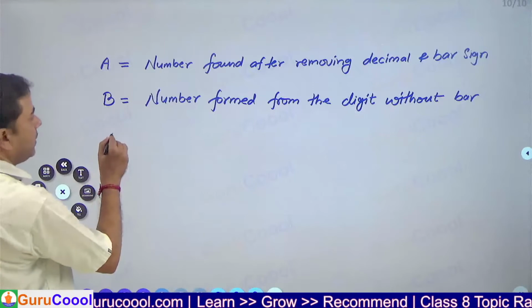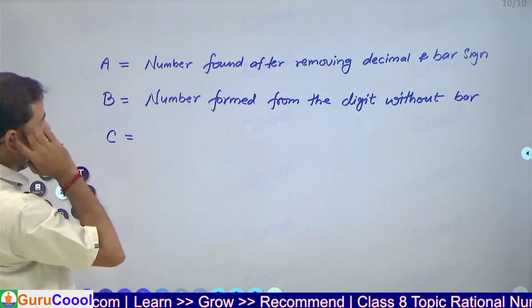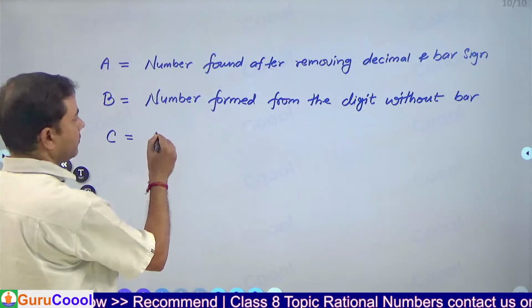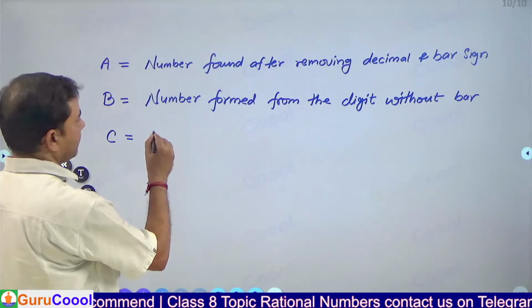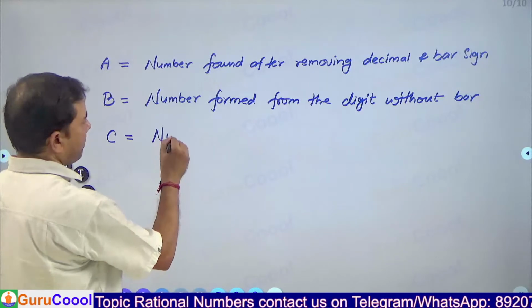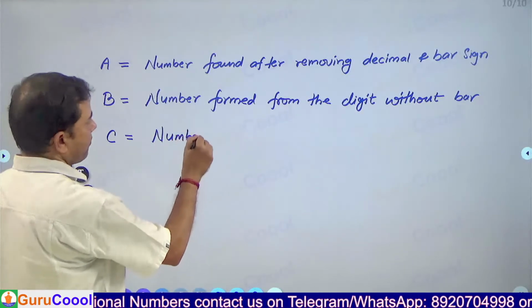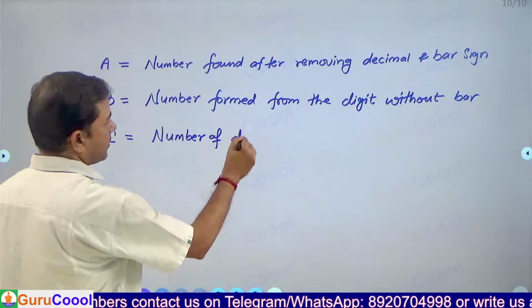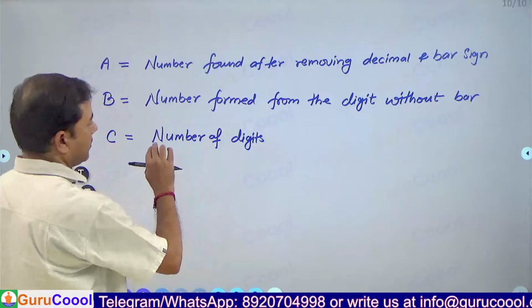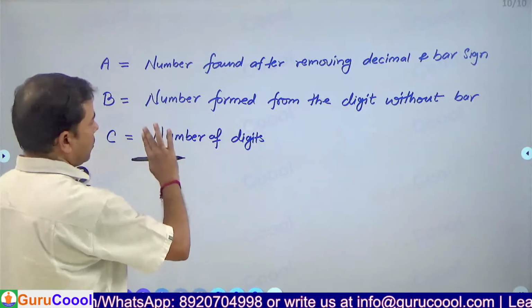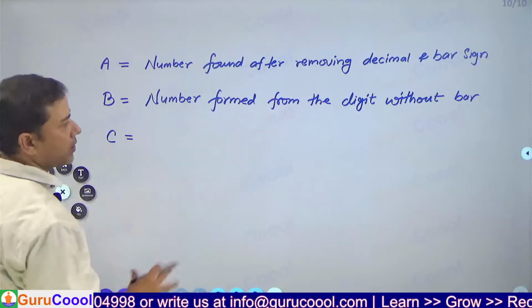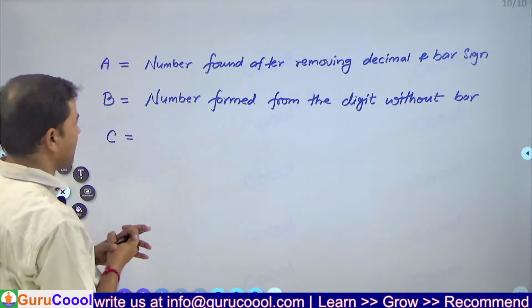And C is equal to the number of digits. Wait, it will be a very long statement. I am trying to compress it, that's why I am thinking.